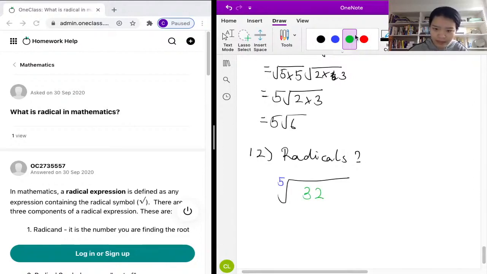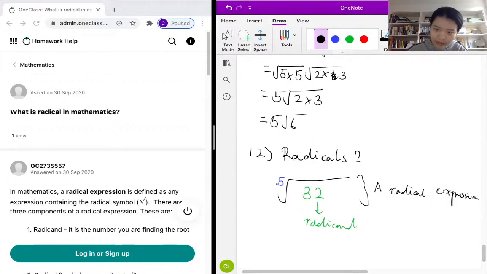Right over here, this is called a radical expression. And the number over here is called the radicand. The sign over here is called the radical sign.